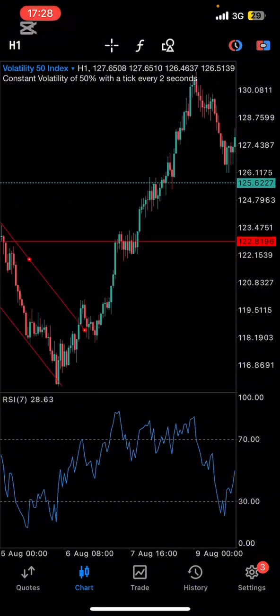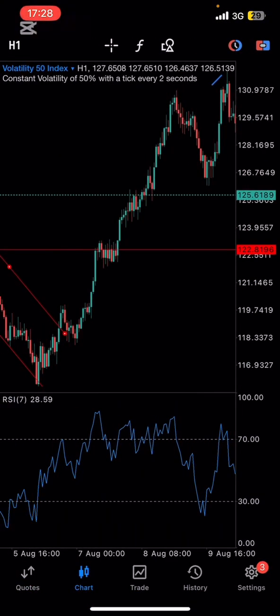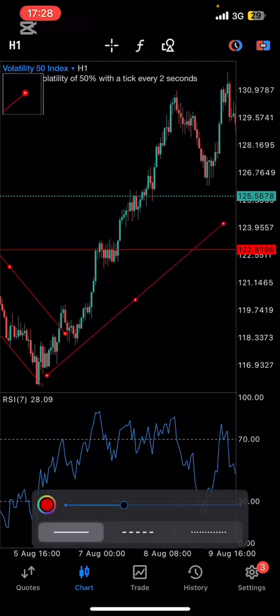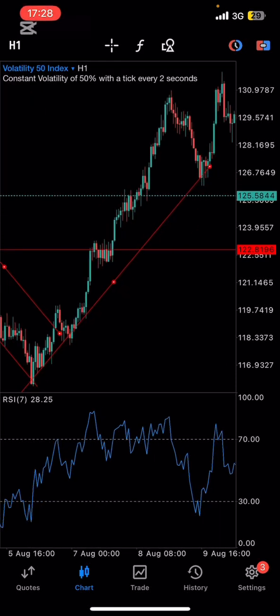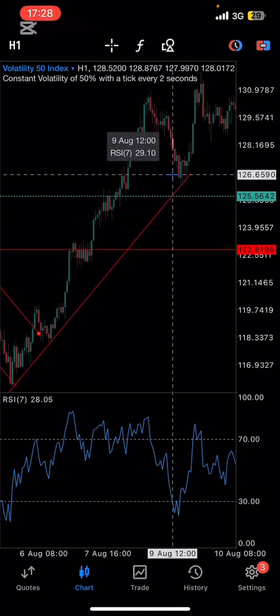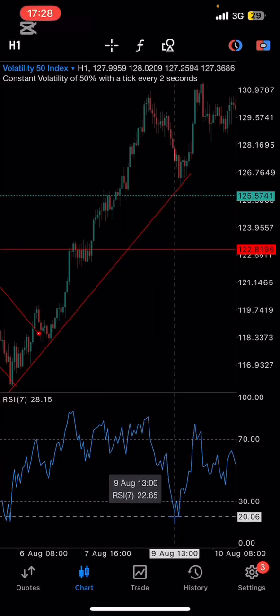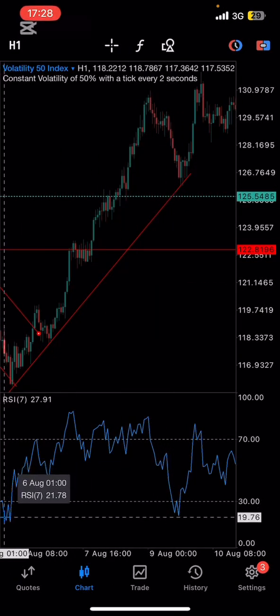Now I will try to design a price action strategy that might put that place under consideration, and let's see if we can find something. So let's assume I'm going to draw maybe a trend channel, a trend line here, and you can see how the trend line came all the way to this point. Now if I trace it down here, you can see how this point is in inclination with this.